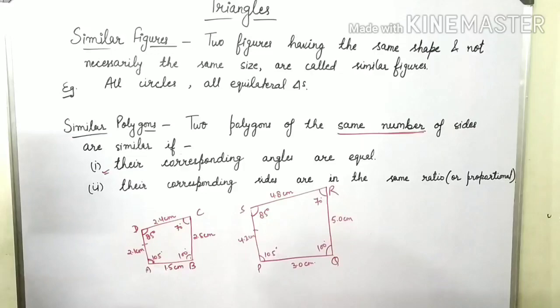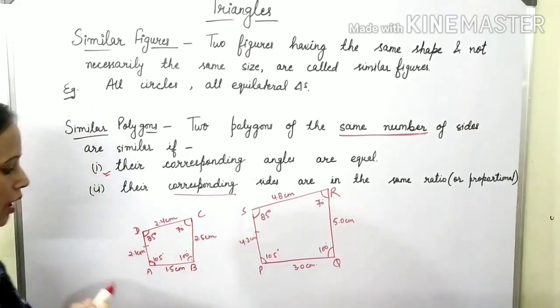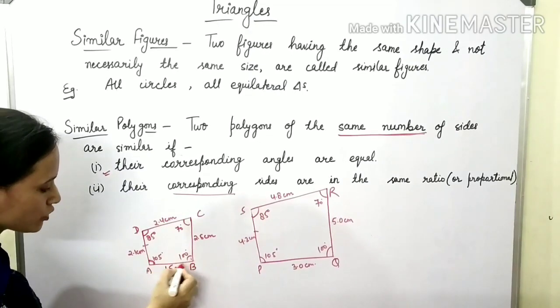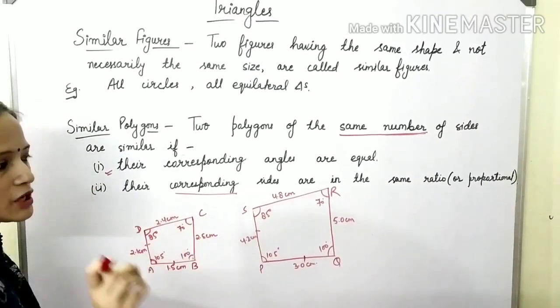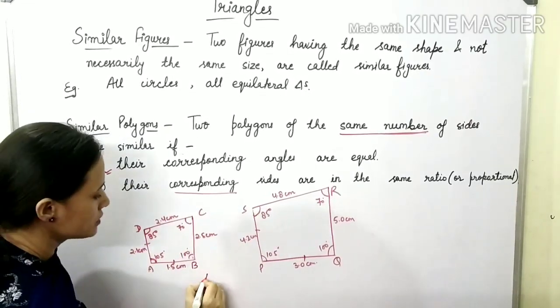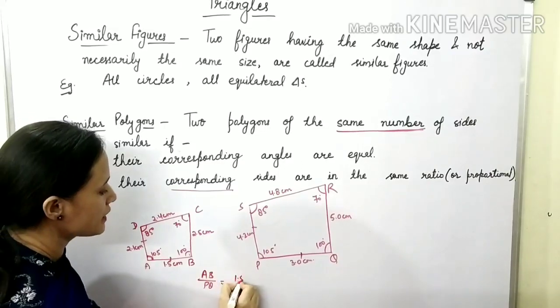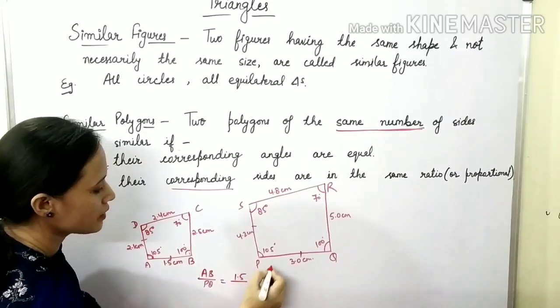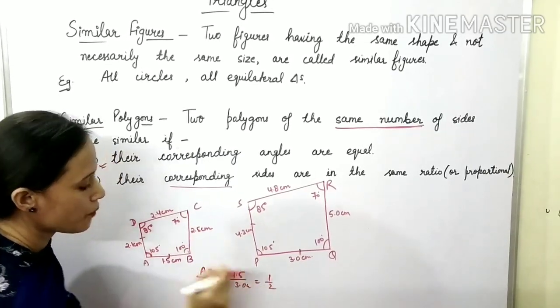Fine. The second condition is that their corresponding sides are in the same ratio. Corresponding to side AB, we have PQ, so we have to check their ratio, that is AB upon PQ. The length of AB is 1.5 centimeter and PQ is 3 centimeter, and the ratio is 1 upon 2.